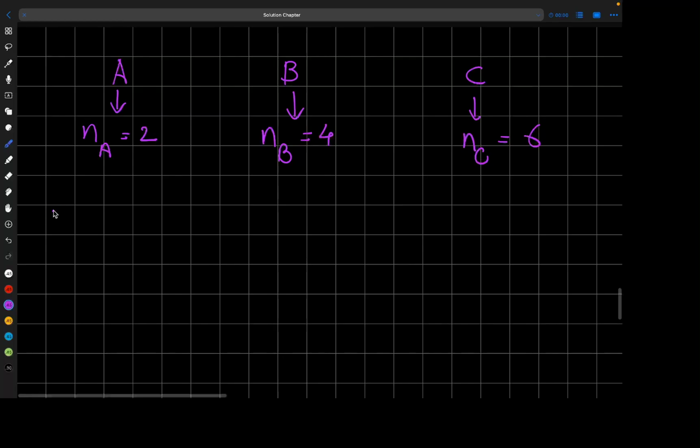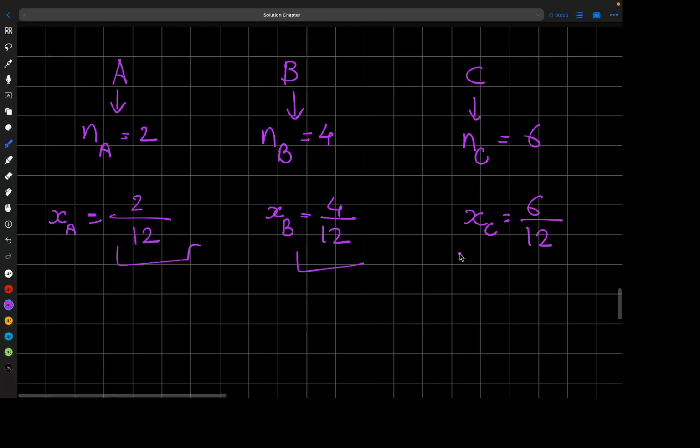Now I need the mole fraction of A. Na means 2 divided by the total, 6 plus 4, 10 plus 2, 12. Same here: mole fraction of B is 4 upon 12, and Xc I will write 6 upon 12. Now when I add these 3 together, 6 plus 4, 10 plus 2, 12 by 12 is 1.